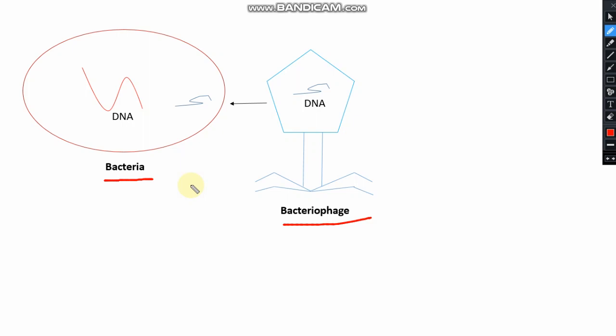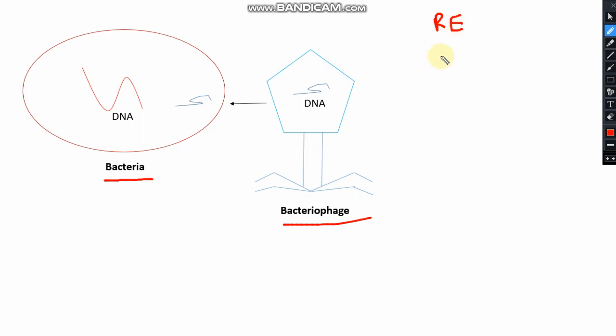To protect themselves, they utilize an enzyme, the restriction enzyme, to protect from the bacteriophage attack. The bacteria produce a lot of restriction enzyme, and this restriction enzyme finds some specific sequence and cleaves the DNA at that sequence.